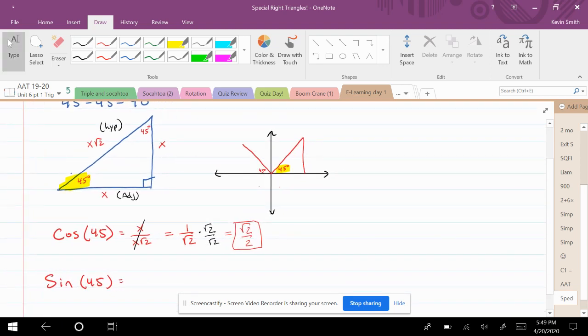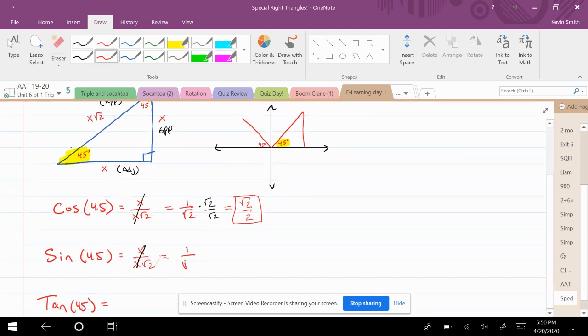Now, let's talk about the sine of 45 degrees, which would be, this would be our opposite, x over x root 2, which is the same as the cosine problem, where the x's will drop out, and we get 1 over the square root of 2, and then we would rationalize it and end up with root 2 over 2 again.